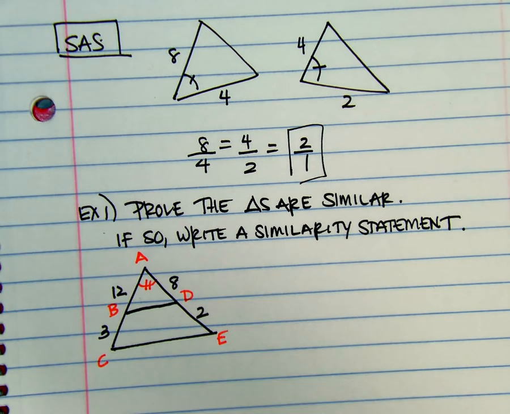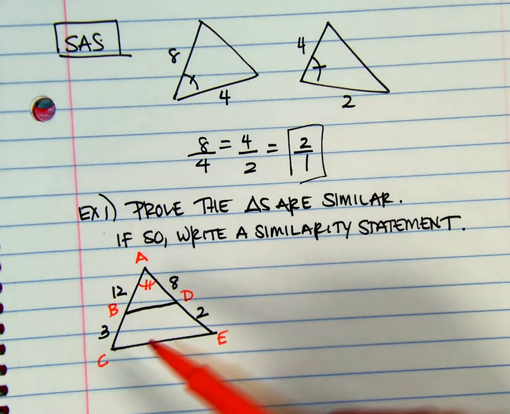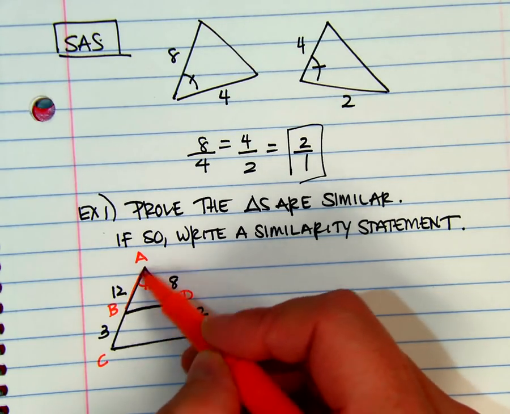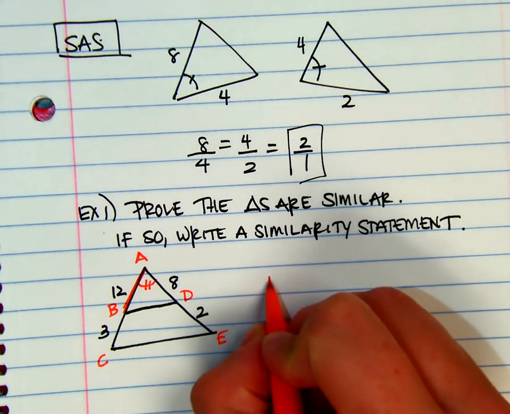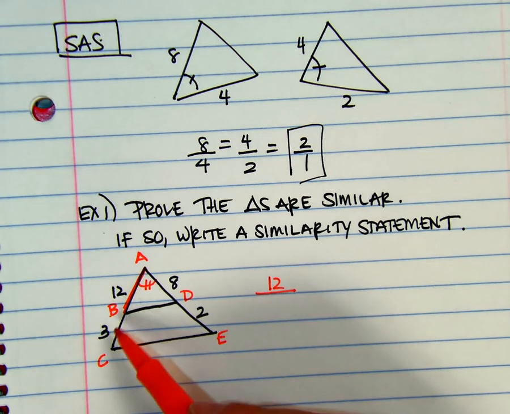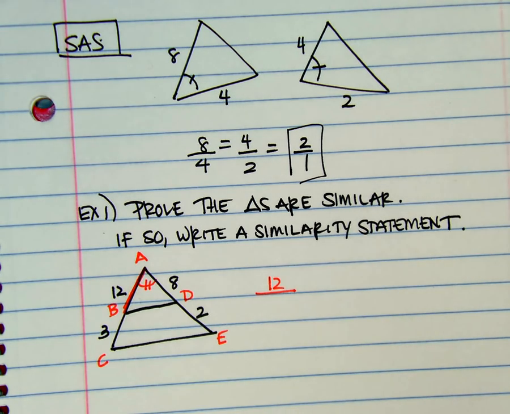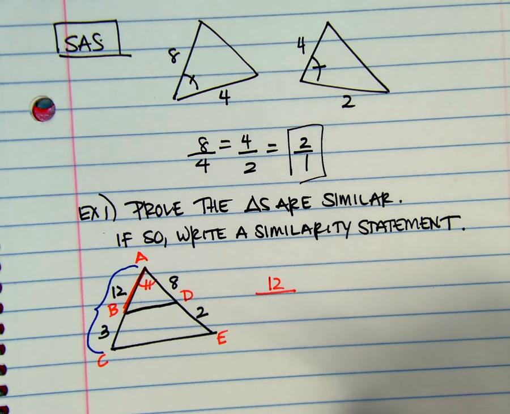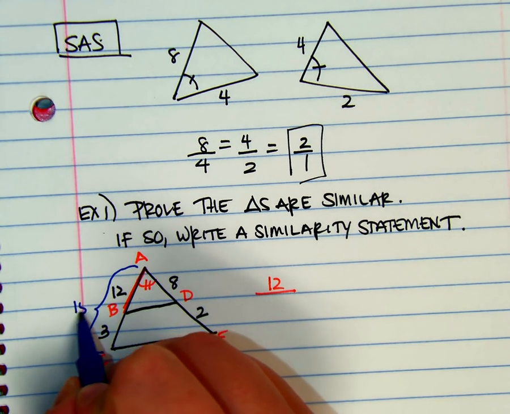So now we gotta check and see if the sides are proportional. The biggest error here is that if I take the left side of the small triangle and compare it to the left side of the big triangle, this is the entire left side of the big triangle, which would give you a 15.